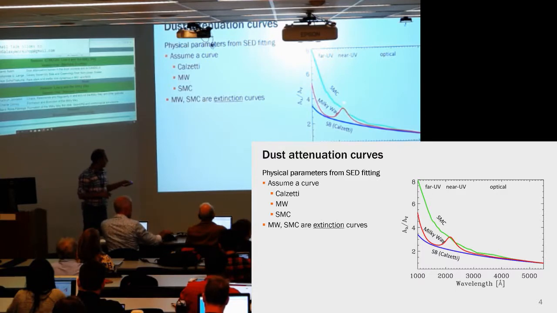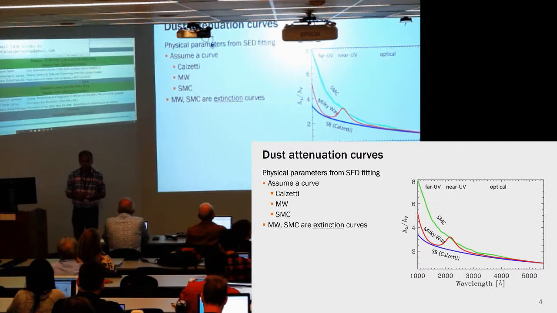And there's also the Milky Way curve, which has this interesting UV bump feature of extra attenuation at 2200 angstroms. I should mention that both the SMC and Milky Way curves are actually extinction curves, not attenuation curves. So we do not know how our galaxy would look from the outside, really, in terms of its attenuation coming from all the different stars in the galaxy and the dust that's in it.